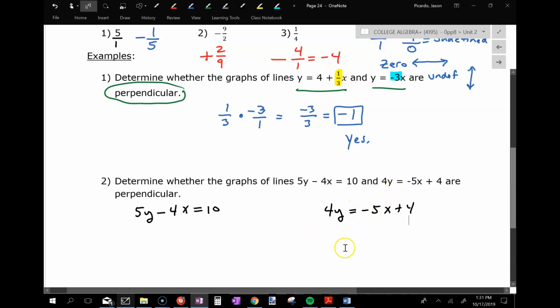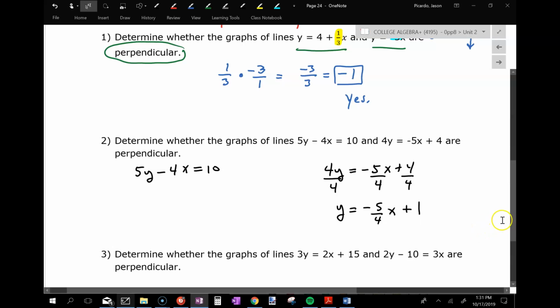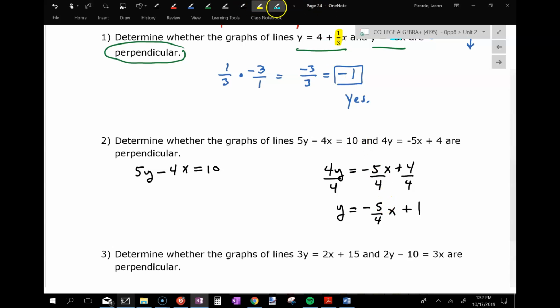All you have to do is divide by the second piece. Yep. So in the second part, I get that. So that one's pretty easy to get the y by itself.